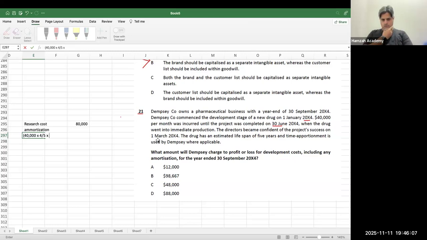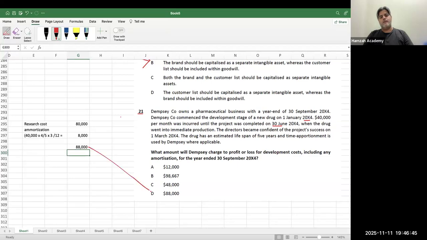On 30 June it went into production. So after June, it's July, August, September, 3 months. So it's going to be 40,000 into 4 by 5 into 3 by 12, 8,000 as well. So total is 88,000, which we should charge into the income statement, right?